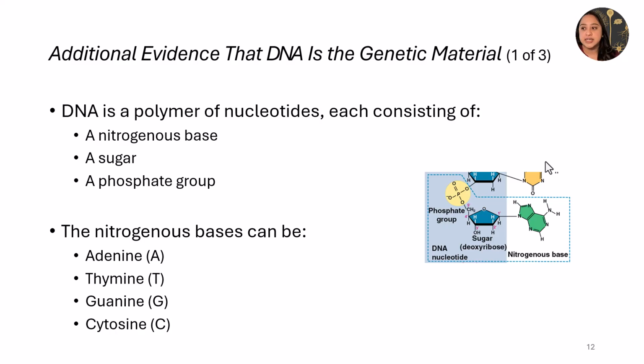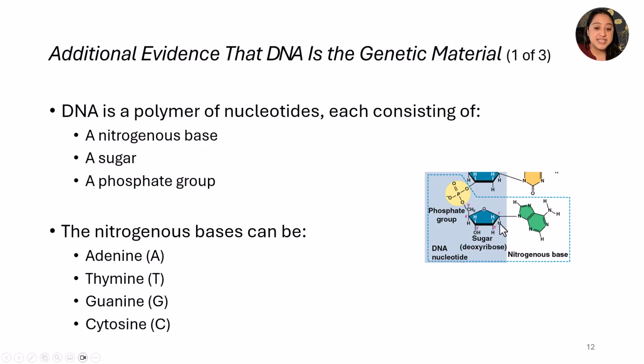But even a monomer can have different parts, right? So a monomer of a nucleotide is made from these things. There is a nitrogenous base shown here in green, and that can be different ones, which I'll get into in a second. So that's one part. There is a sugar.